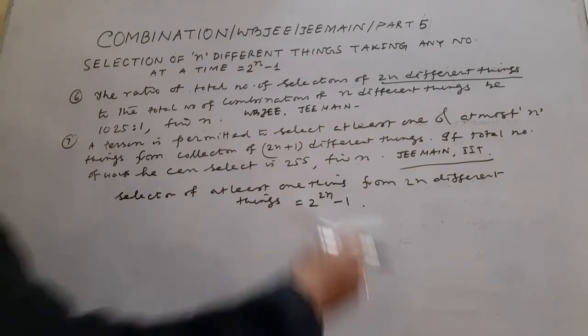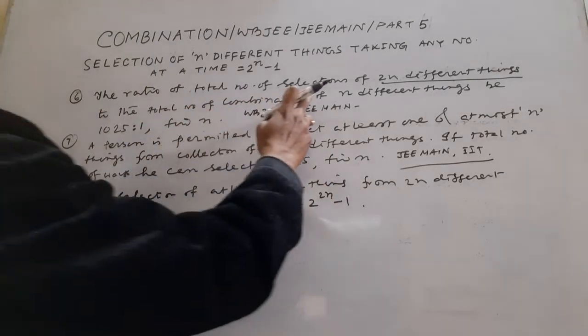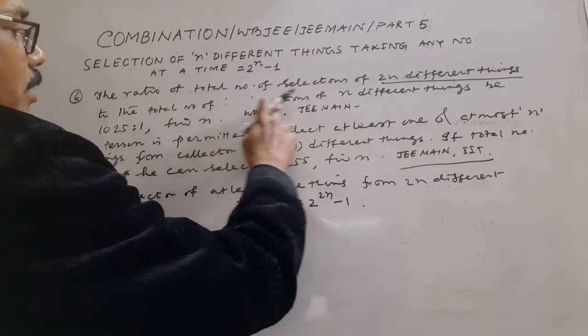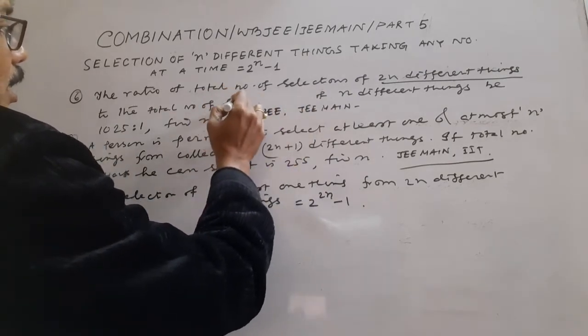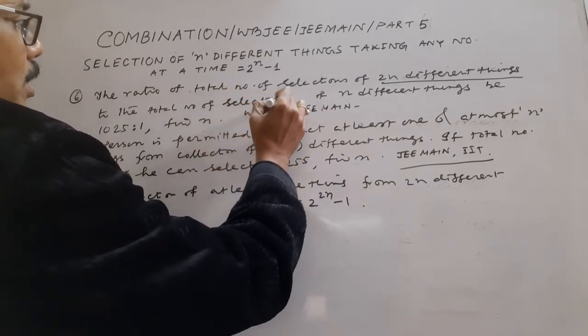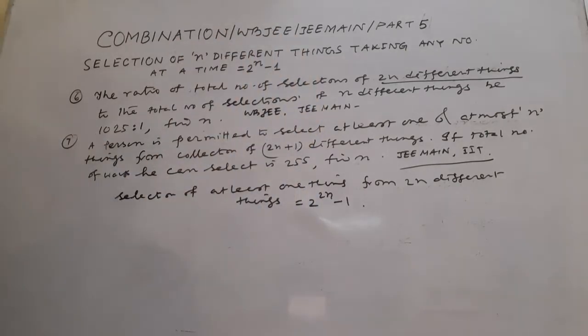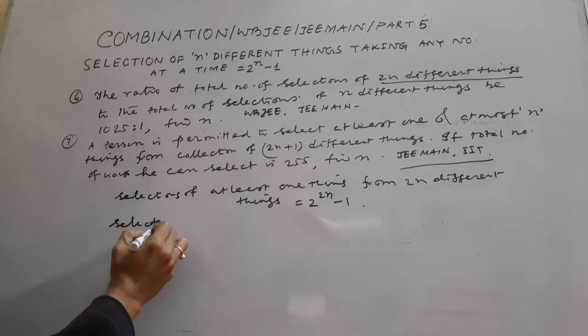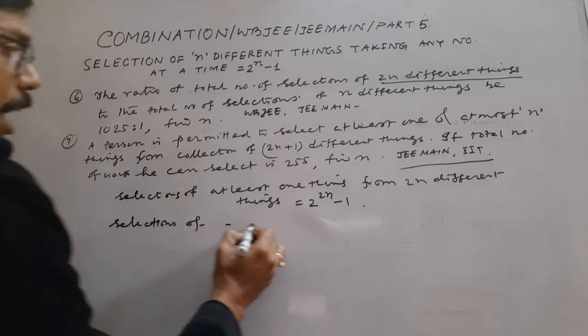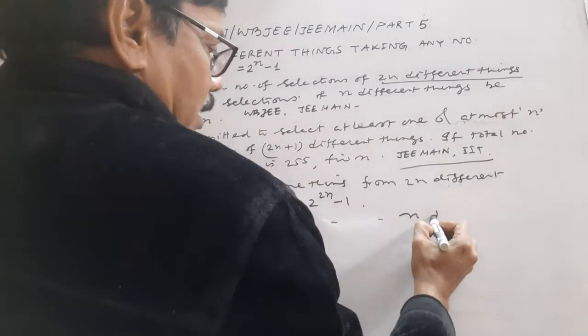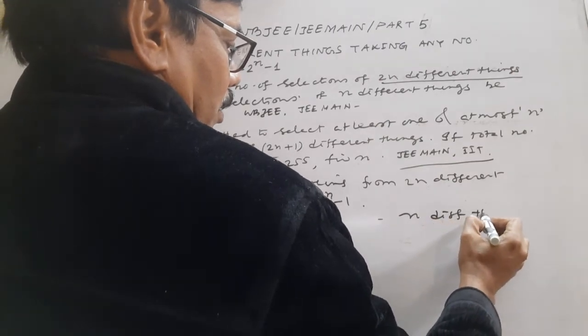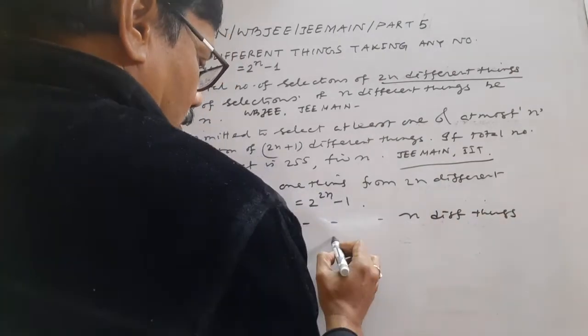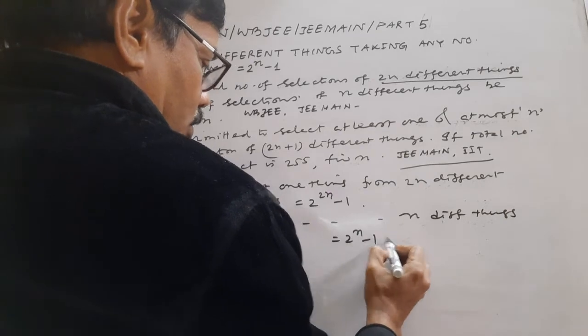Then the total number of combinations, that is selections. We can write it as selection because the first one is given as selections. So selections of at least one thing from n different things equals 2 to the power n minus 1.